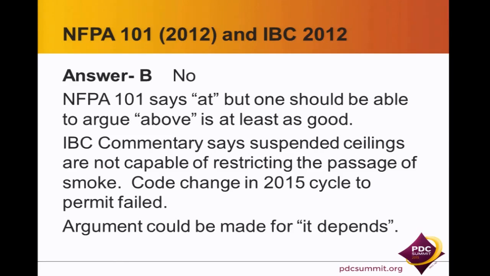The IBC commentary says that suspended ceilings are not considered capable of resisting the passage of smoke. That is commentary language. Now, we have a little problem here because the ASHE advocacy team did try to address this issue last code change cycle as well, and while they were successful for existing buildings, they were not successful for new construction.